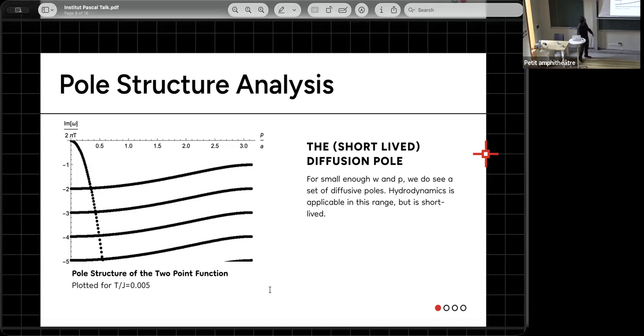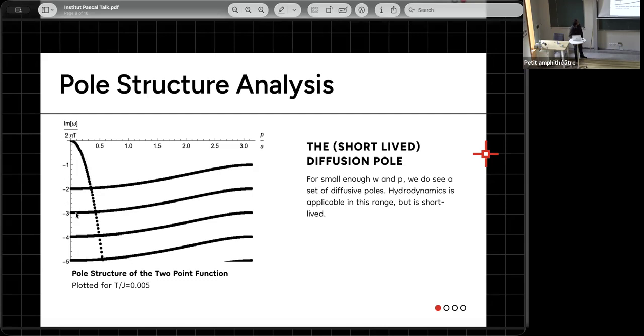Small things to note here: the temperature is quite small, the coupling strength is 0.005, and I have not mentioned it here, but gamma is set to 1 for simplicity. So this is what we get. We see this diffusion mode that appears here.